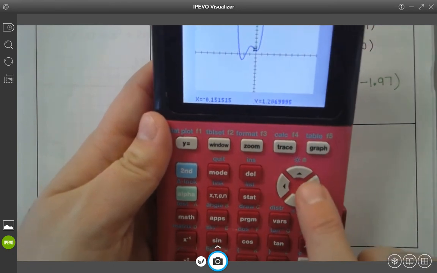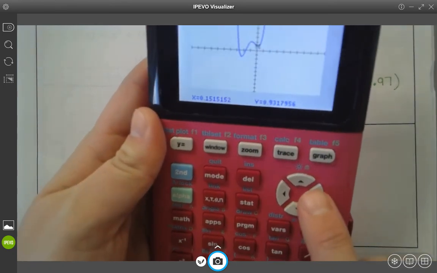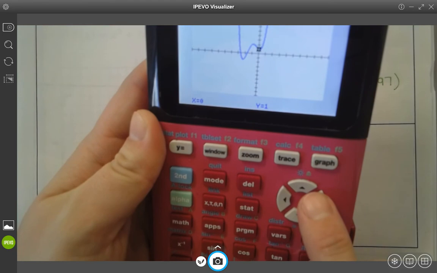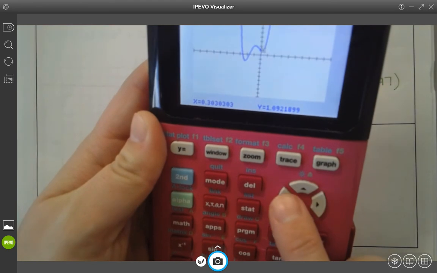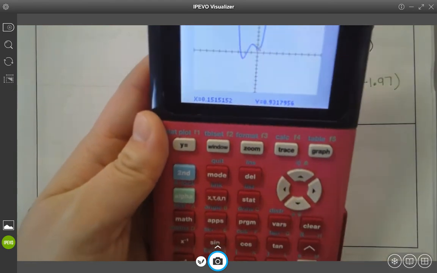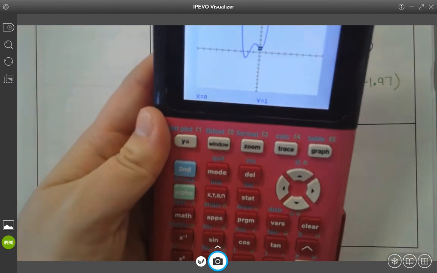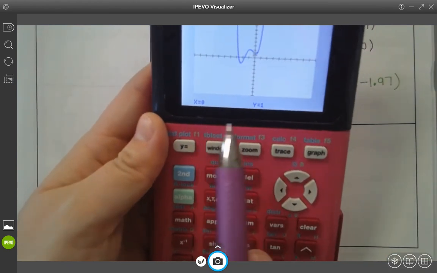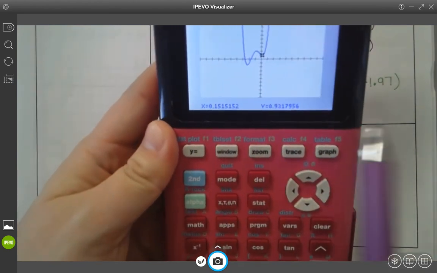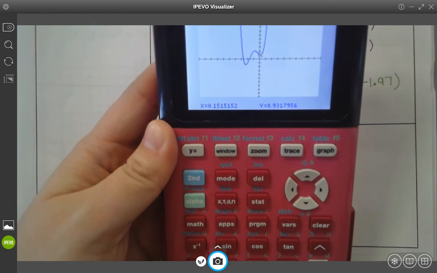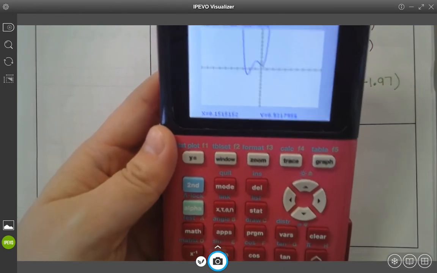And if I go on over to this minimum, so this is the lowest. Now you might see 0, 1 and be like, oh, that's it. But if I go over one more click, 0.93 is actually lower than 1.